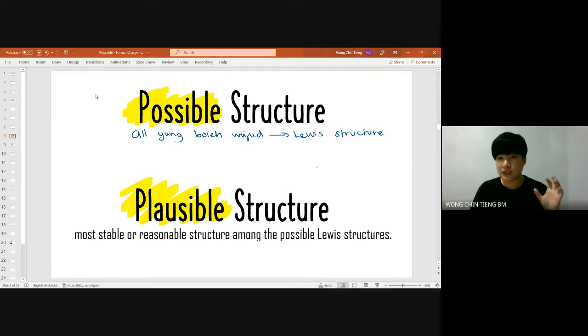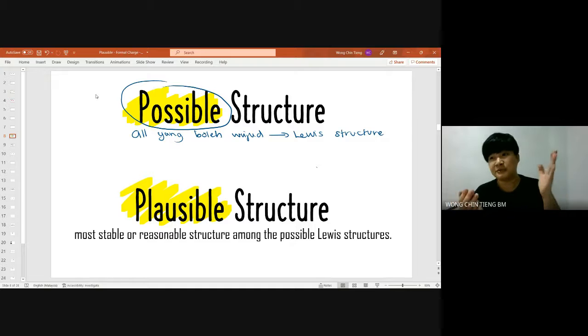Kita tak tahu dia betul ke tak, tapi bilangan valence electron betul, bilangan ikatan betul, semua orang octet ataupun incomplete octet ataupun expanded octet. That is possible structure. Dan bila kita ada possible structure, ladies and gentlemen, 99% minimum 2, betul. Dia akan ada minimum 2 atau 3 atau 4, 5, 6, depends pada structure.